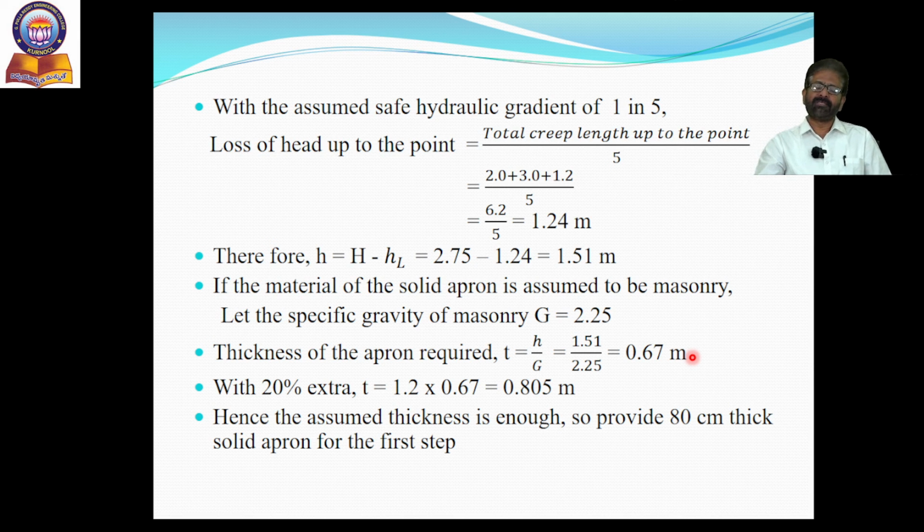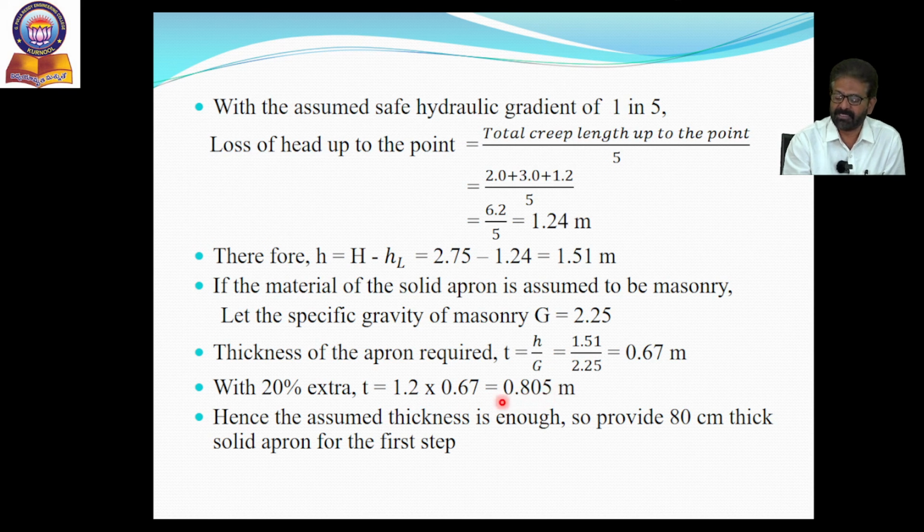However, in general, for any design we consider a certain factor of safety. Here also, with a certain factor of safety, it is better to provide 20% extra as the thickness of the floor. In the present case, the calculated, required thickness is 0.67. However, we provide 20% extra, 1.2 into 0.67, which is 0.805 meters.